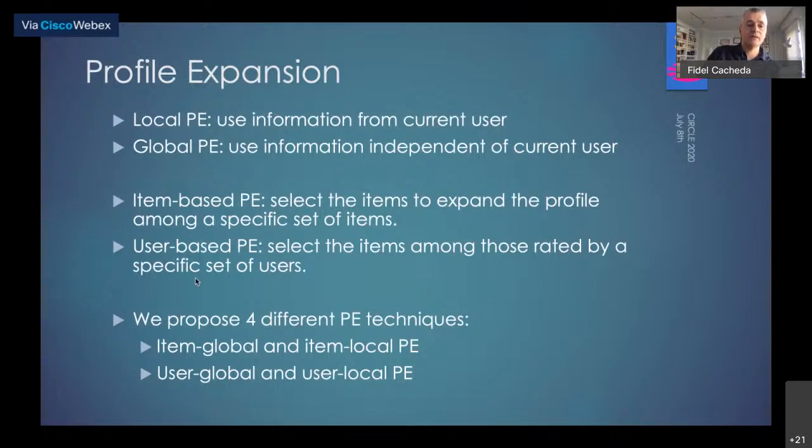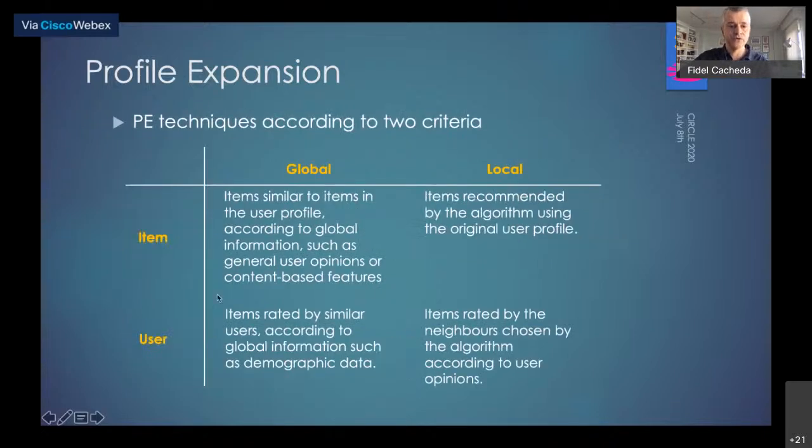And we also talk about item-based profile expansion, where we select the items to expand the profile among a set of specific items, or user-based profile expansion, where the items are selected among those rated by some specific set of users. And this results in these 4 different profile expansion techniques.